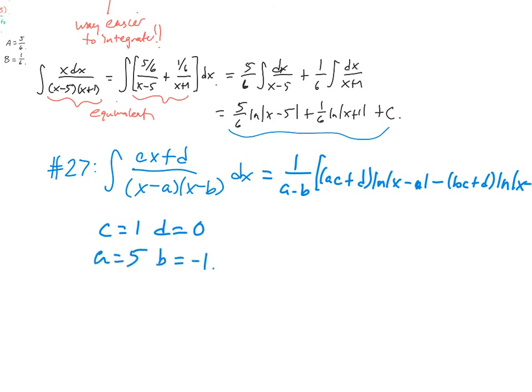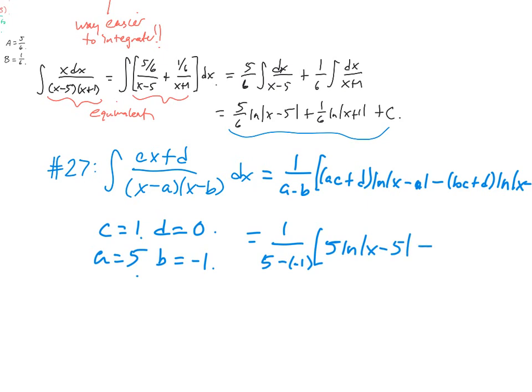So I think that if we interpret Rule 27 correctly, we get 1 over a minus b is 1/6. I'll go and just write that out. And then ac plus d, that's going to be, I believe, 5. Natural log of x minus a, that's x minus 5.